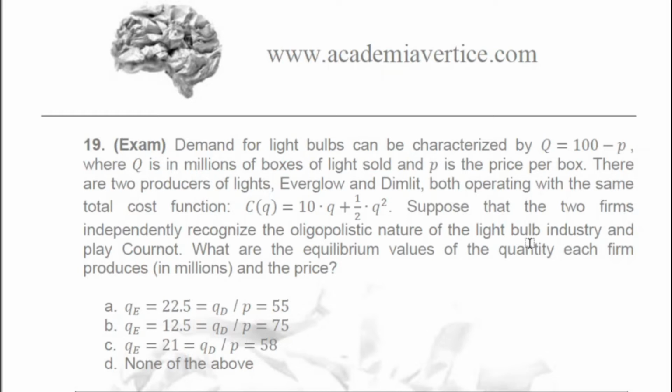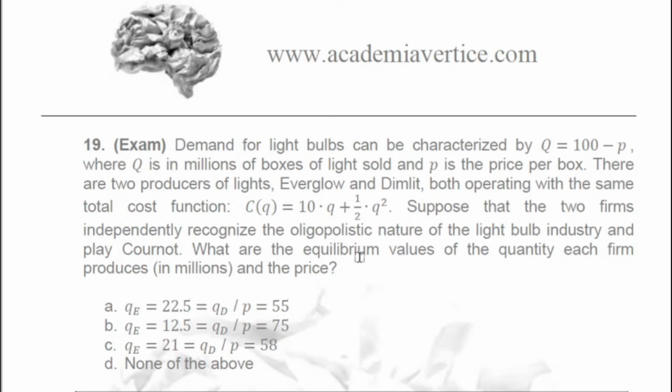There are two producers of light bulbs, Everglow and Dimlit, both operating with the same total cost function, given by this. Suppose that the two firms independently recognize the oligopolistic nature of the light bulb industry and play Cournot. What are the equilibrium values of the quantity each firm produces in millions and price?